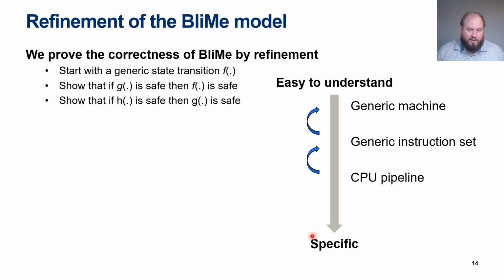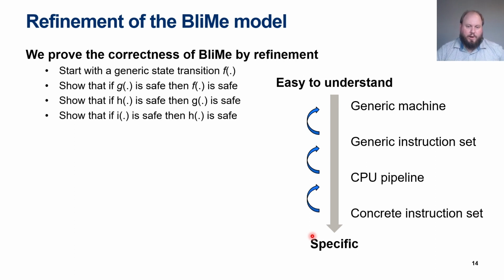Then we can add more details and show that, okay, if we build something that looks a bit like a CPU pipeline, that if this is safe, then the instruction set that results from that is safe, and so the machine is safe. And we can do that with then concrete instructions, and we can look at properties of a specific ISA. And combining these all together, we can then show that this concrete instruction set is safe.